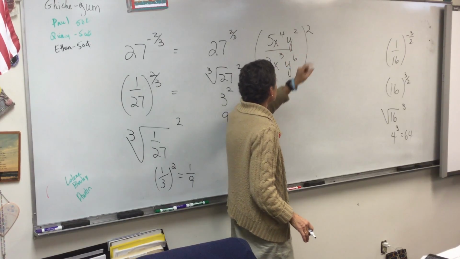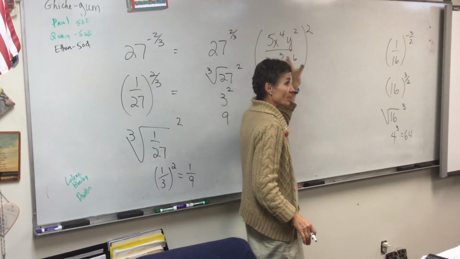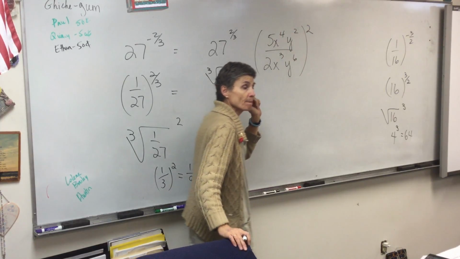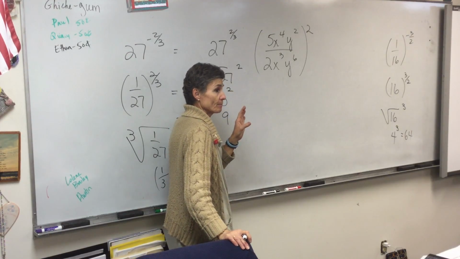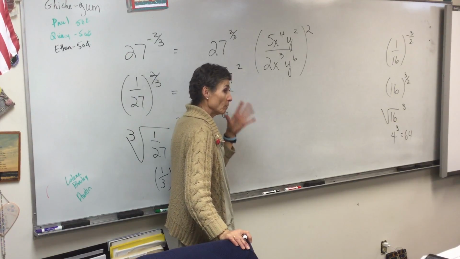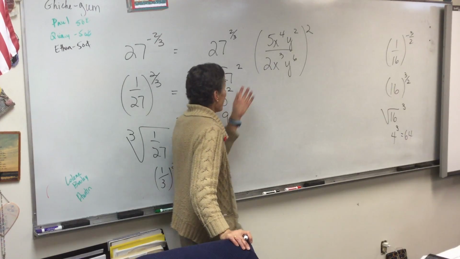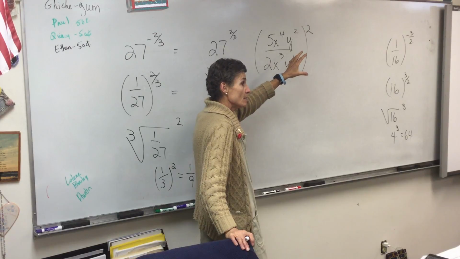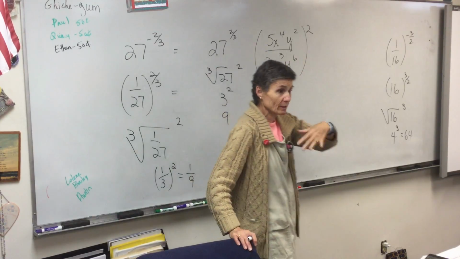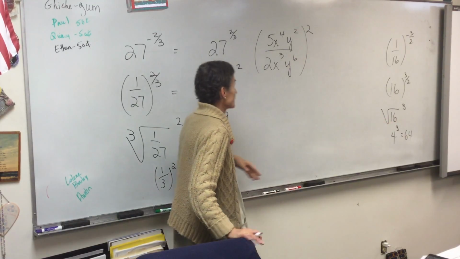Another idea was, let's distribute that 2 to everything. In other words, let's square everything. Both of those are fine. It doesn't matter. Since I'm going to do the problem one time, I'm going to simplify first and then square. But if you do it the other way, we'll get the same answer.